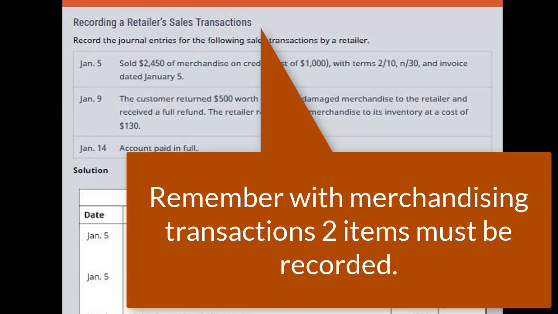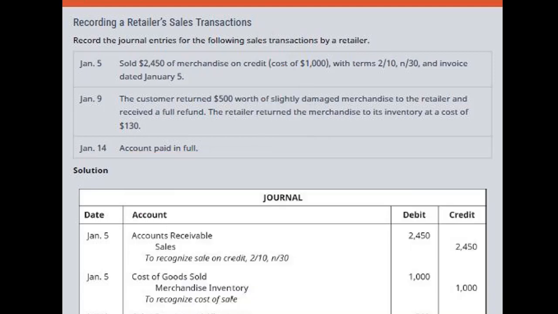The first decrease in value is an expense, cost of goods sold. The second increase in value is revenue, sales revenue. And those are my two sets of insights, one for Chapter 5, one for Chapter 6.